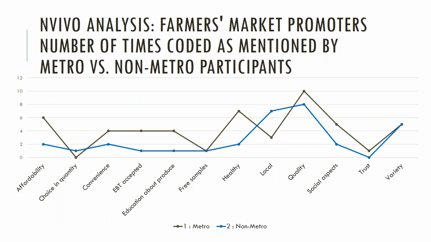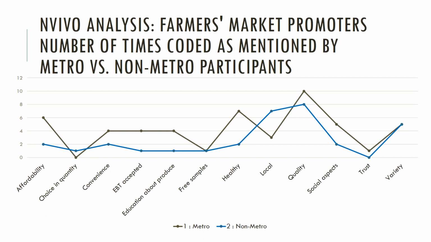So this is kind of interesting. What we did here was to break the responses from the metro participants and the non-metro participants out. So the blue line is, if you will, your more rural participants, and the brown one is people who lived in more metropolitan areas.